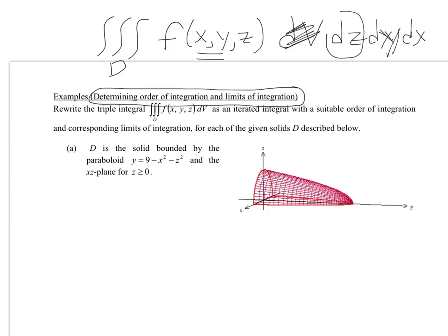We also motivated why we would want to consider this thing that we call a triple integral. For example, if we wanted to compute the mass of the 3-dimensional solid D, this would be a density function.